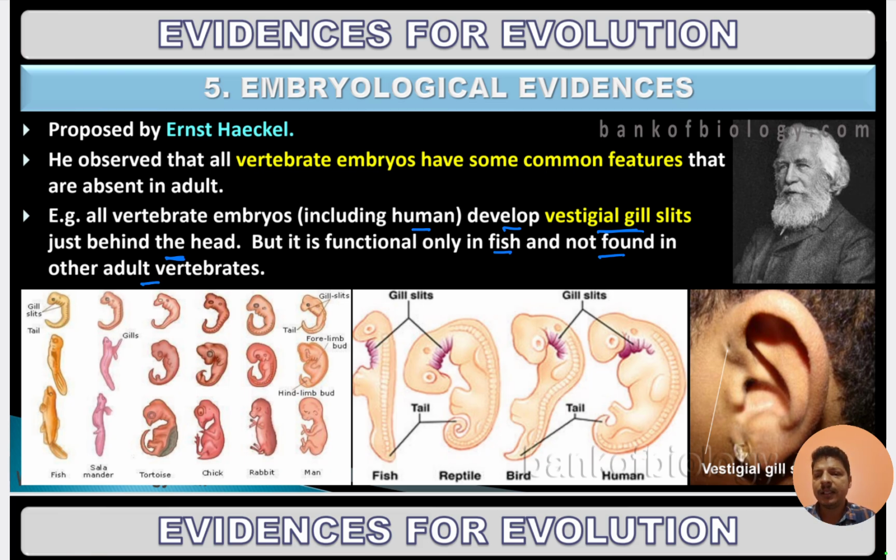As you can see, here is the embryo of fish, reptiles, birds and humans, where we all have vestigial gill slits present and we all share a tail during the embryonic stages. But in human beings, we do not need the gill slit, so it disappears. And in some people, you can find this type of hole in their ear.